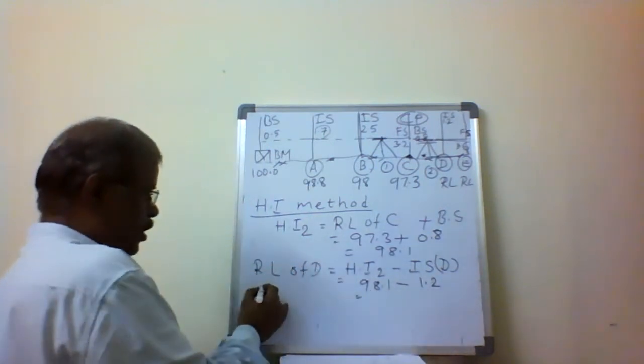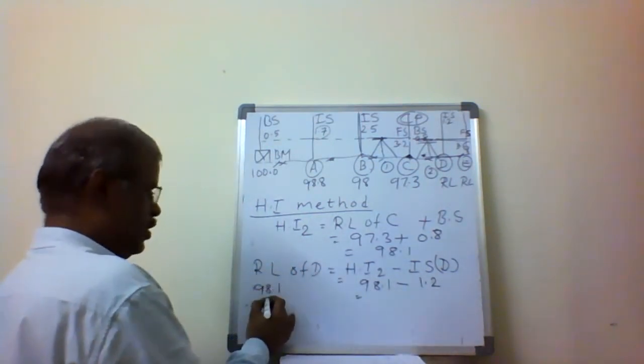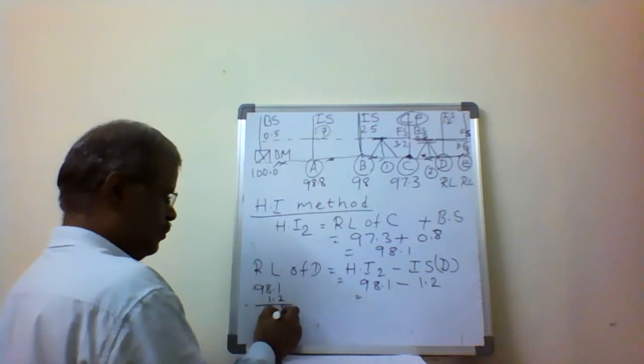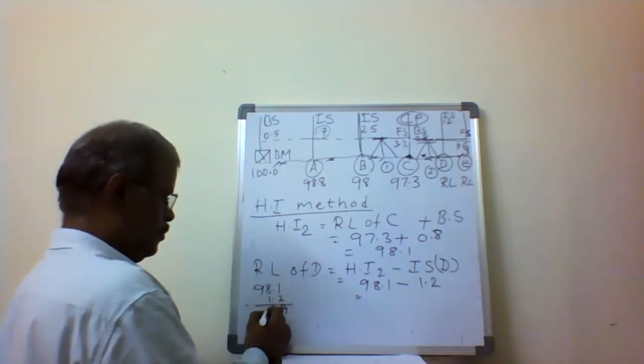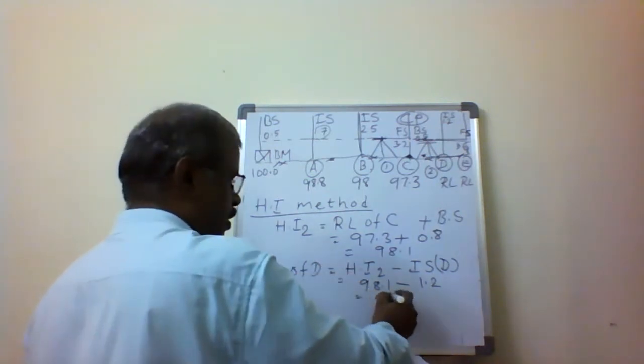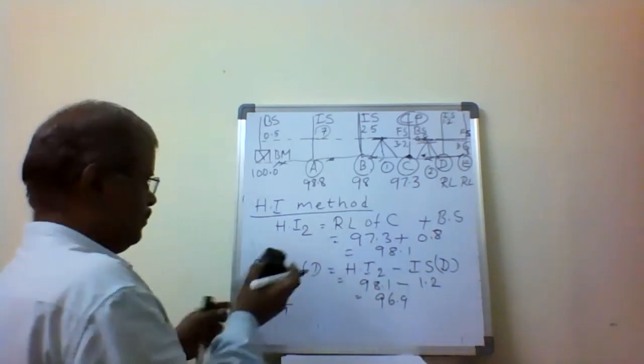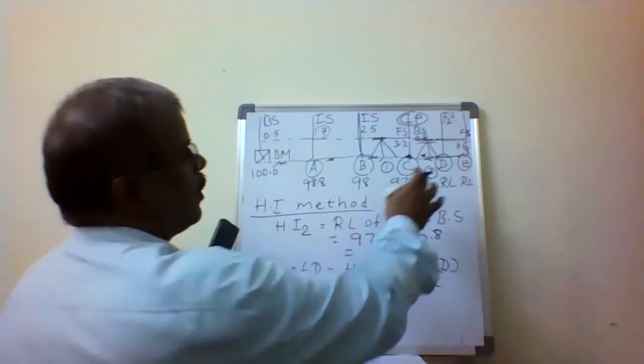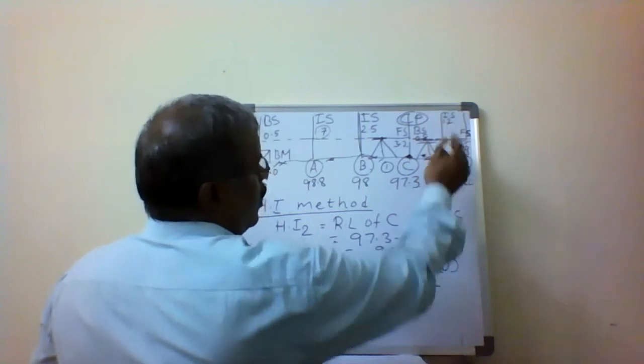So 98.1 minus 1.2 is 96.9. So 96.9 is the RL of D.